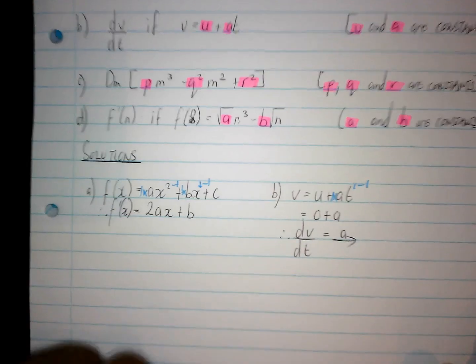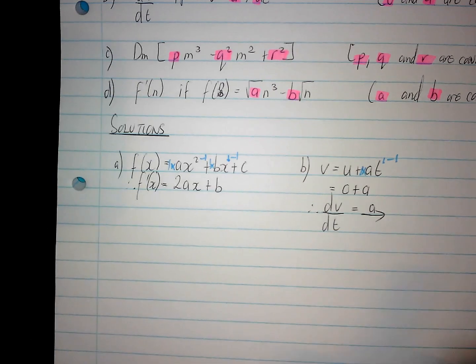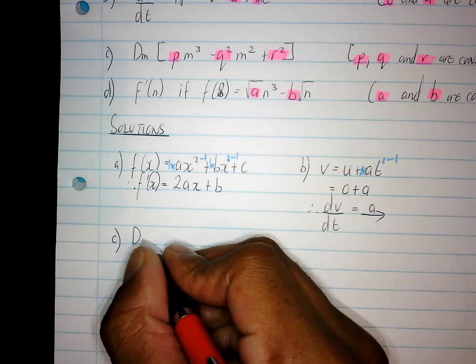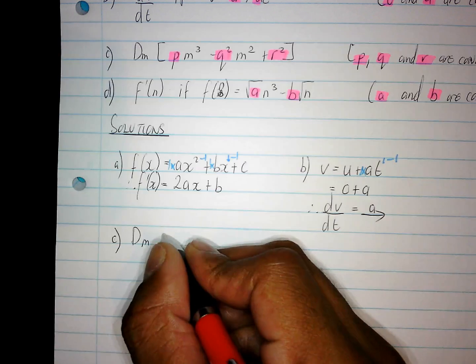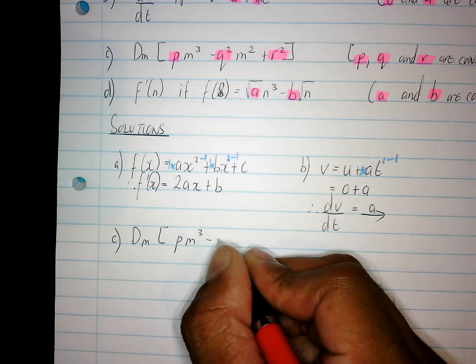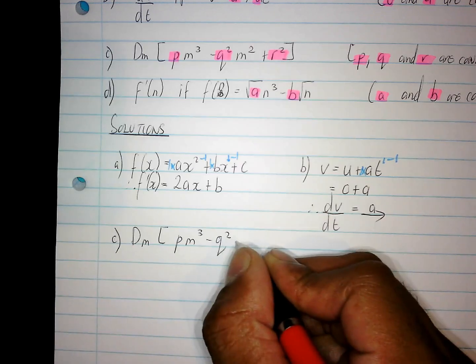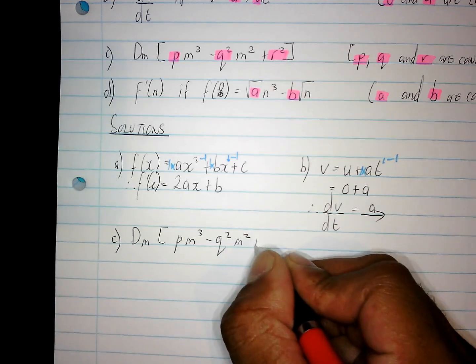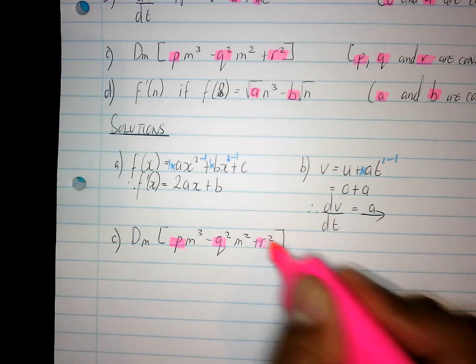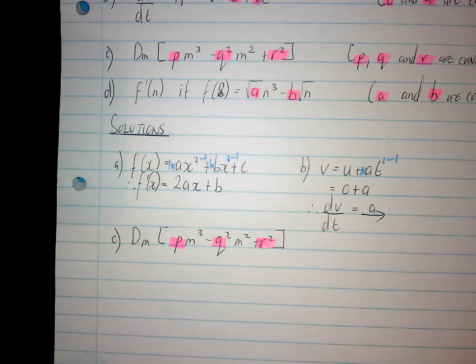Then let's move to C. With C we have the derivative of the expression P m to the power 3 minus Q squared m squared plus R squared. Here we know that P, Q, and R are going to be constants.